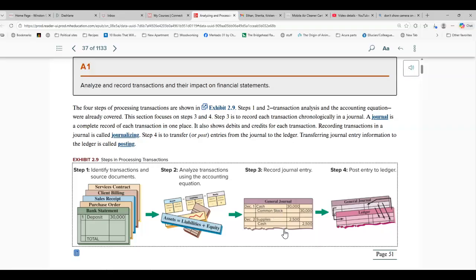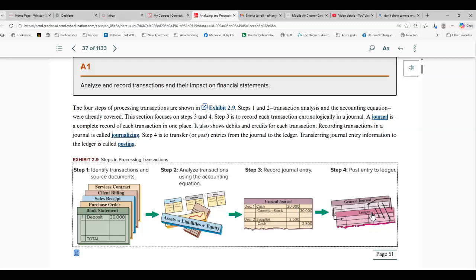This is called the Book of Original Entry. Up until now, things are just paperwork or even electronic things, or maybe even nothing, like an accrual. Like I said, we have to accrue an expense. They're just out in the world, and we capture them in the general journal, and then we post it from the journal to each account.